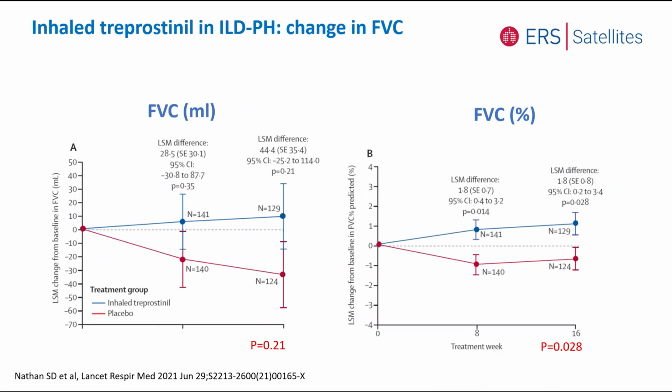Also importantly, in a post-hoc analysis of this study, Nathan and colleagues showed relevant changes in favor of this inhaled therapy in FVC in mLs, but also in predicted FVC in the whole population. Most importantly, patients with IPF, when sub-analyzed, gained more than 170 ml in comparison with control.